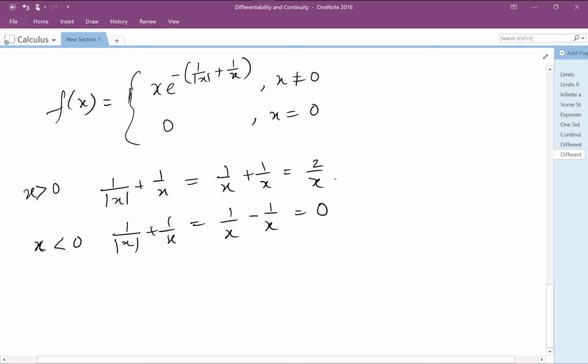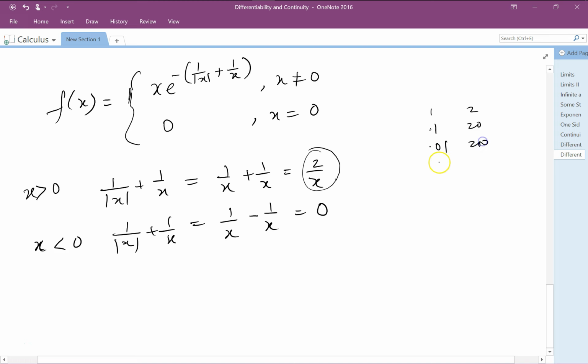Another point is, as x gets closer and closer to 0, what happens to this expression? Simplest way of figuring it out is 2 divided by 1 is 2. 2 divided by 0.1, which is 10th of 1, is going to be 20.